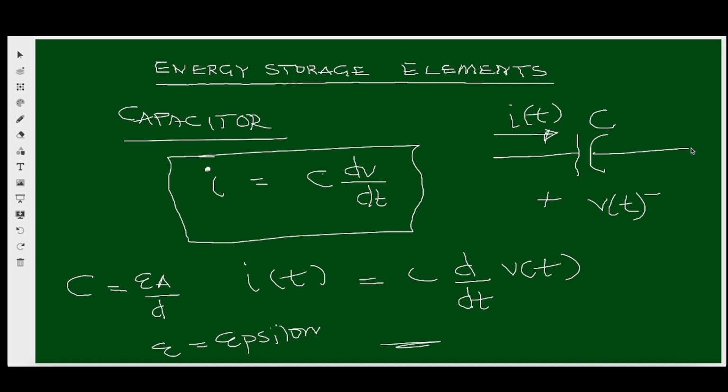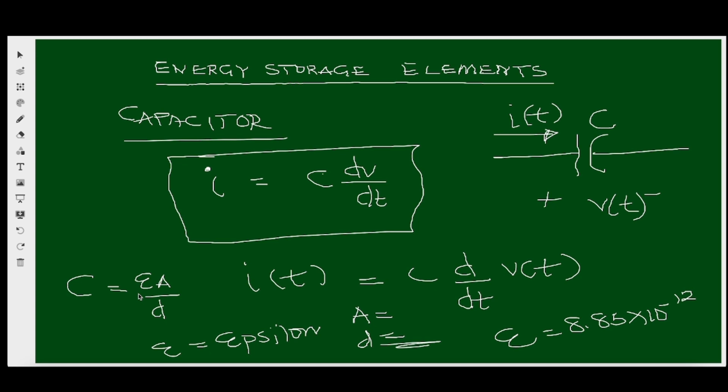Not only free space has permittivity, every material has its own permittivity. But for free space, that is, if the dielectric is just free space, the permittivity is usually 8.85 times 10 raised to the power minus 12. So that's the permittivity. If you know the area of the two parallel plates and the distance in between the two plates, we can get the capacitance of the capacitor. That is very, very simple.